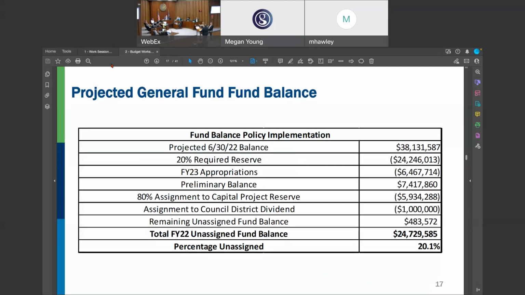I don't know if we would ever elect to do this or not, but you have 5 or 6 years of $5 to $6 million accumulated of this type. You're up to $30 to $40 million in the capital project reserve.